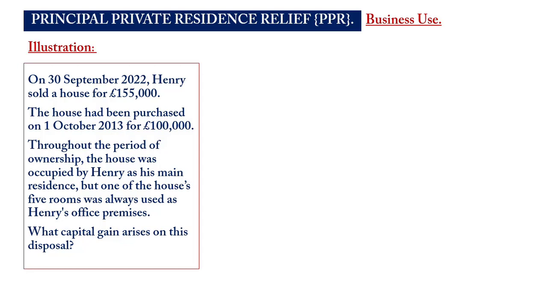So, if not for the business use, the proceeds would have been £155,000. The cost is £100,000. The gain is £55,000.